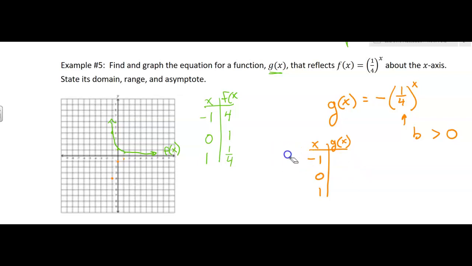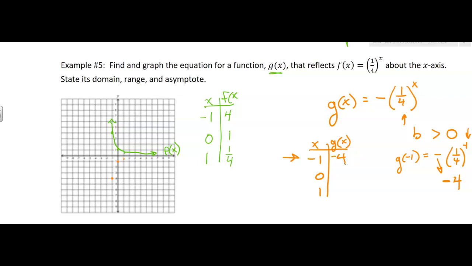When you're taking that -1 for x, g of -1 would equal the opposite of 1/4 to the -1. Now that exponent that's negative is going to make it reciprocal to 4, but then you're still going to have that opposite sign, which is in front. So you're going to get -1, -4.